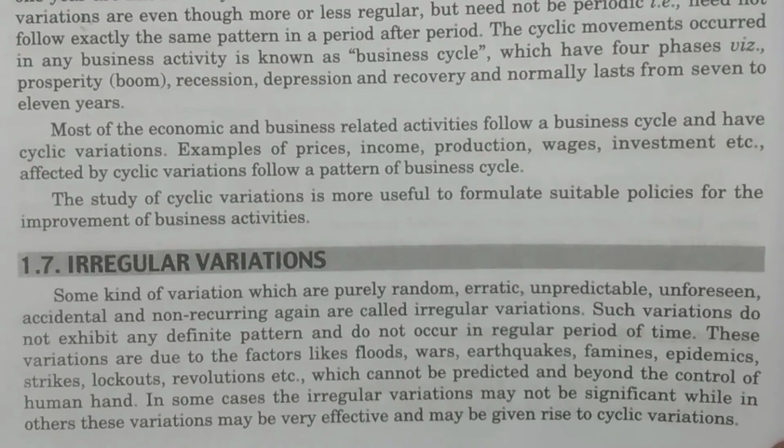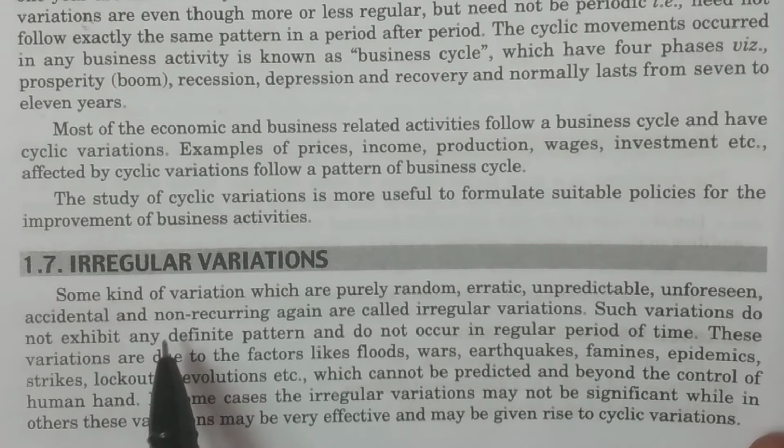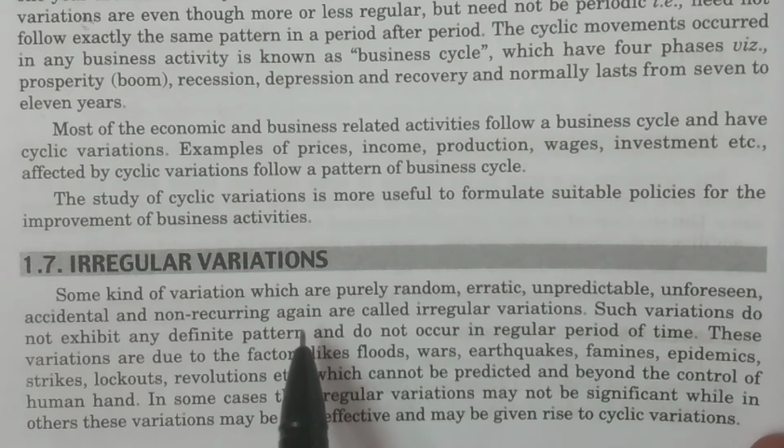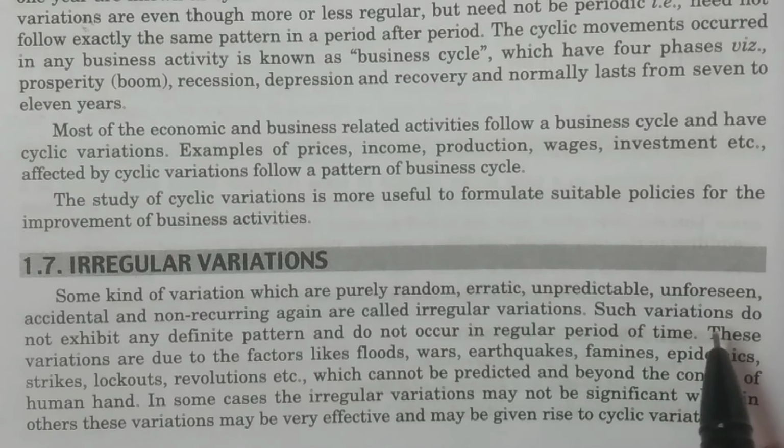Irregular variations, as the term itself speaks very clearly, have no particular pattern, no regularity. They are variations which are purely random, erratic, unpredictable, unforeseen, accidental, and non-recurring. Such variations do not exhibit any definite pattern and do not occur in a regular period of time.